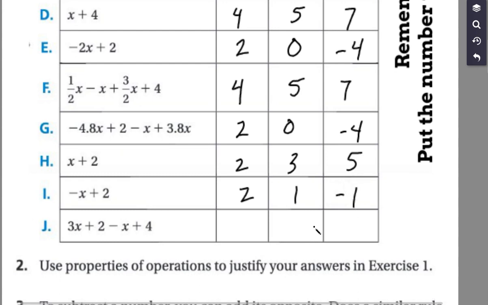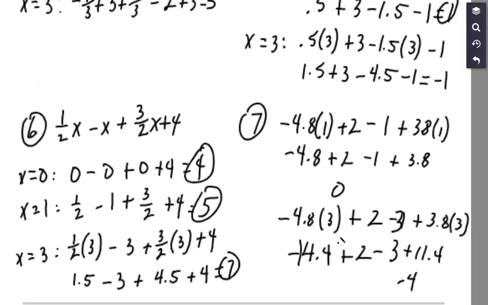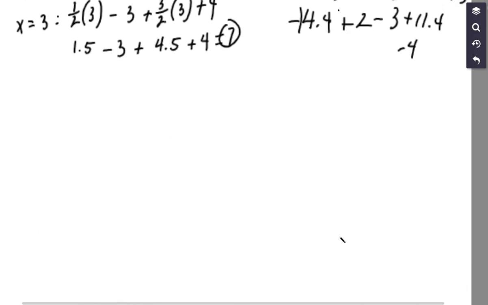Okay, so then on the next one, I'll put in 0. 3 times 0 is 0, and then negative 0 here. So it's basically going to give you 2 plus 4, which is 6. Now if I put a 1 in there, so this is the last one. This is number 10, the 10th row.